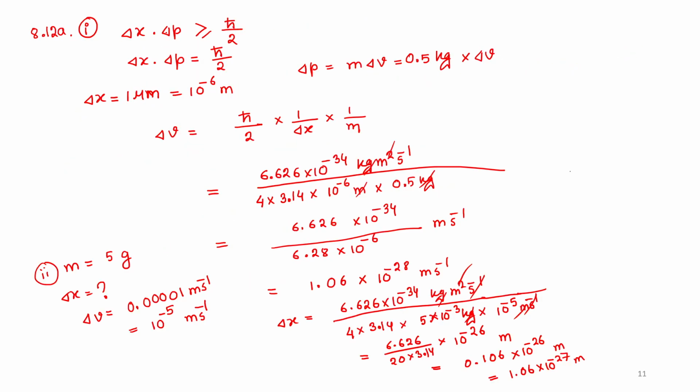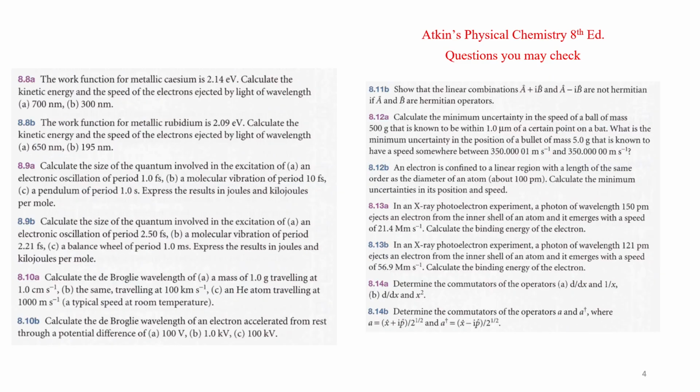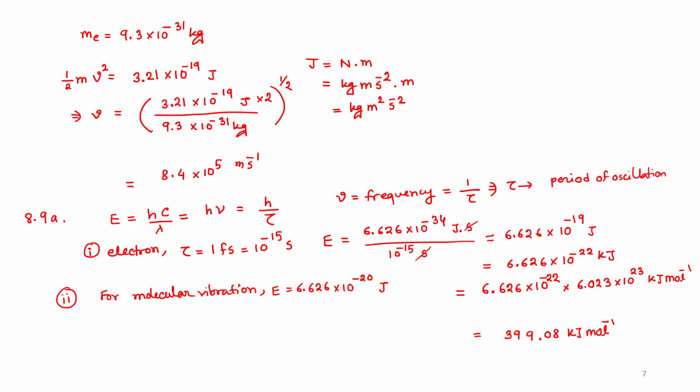Suppose we are talking about some commutation relation A, B. If they commute, then this is 0. What does the question say? Determine the commutator.